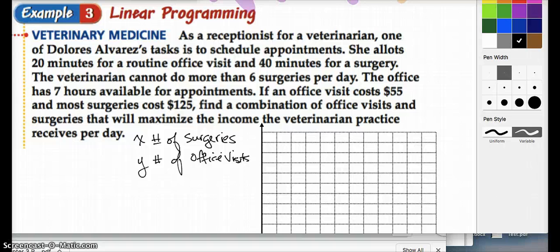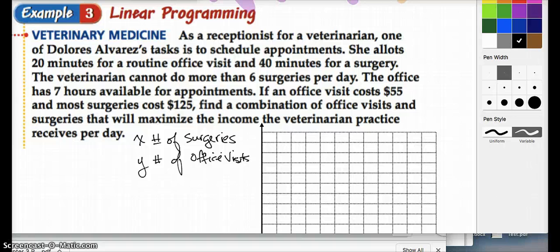And then we'll use that information to get the constraints for the situation here. So I know you read it and you probably read it again. Let's look at some of these things line by line. It says that the office receptionist reserves 20 minutes for office visits and 40 minutes for surgeries, but there's only 7 hours available for appointments all day.